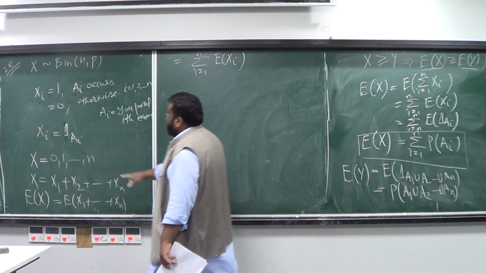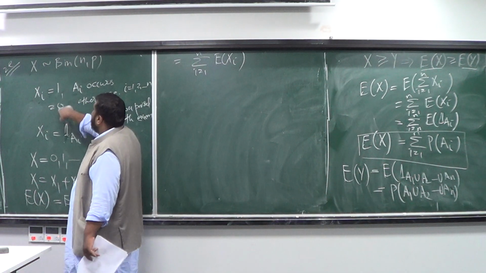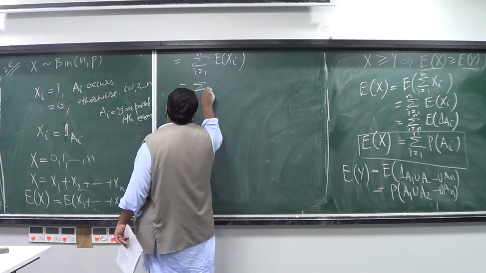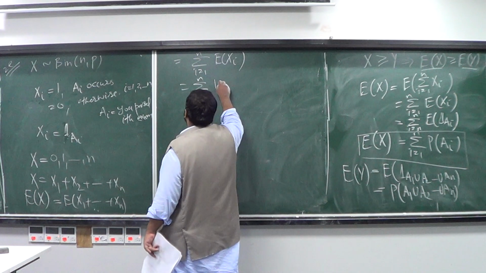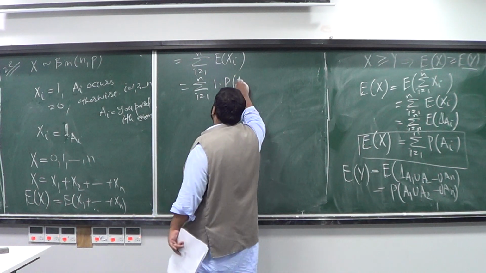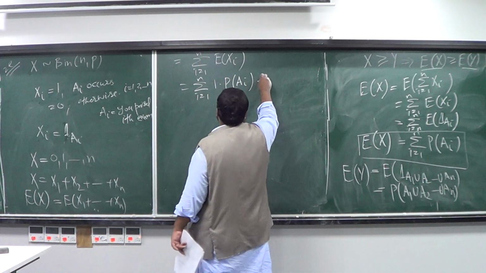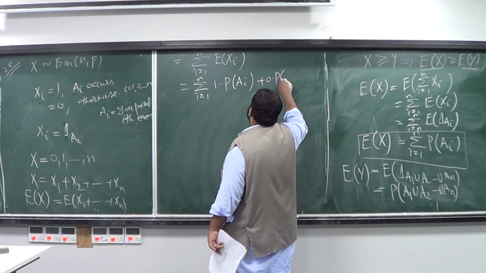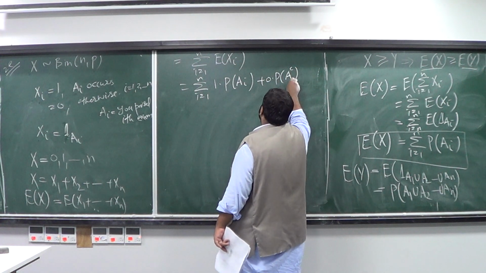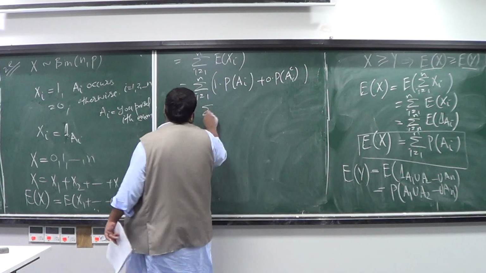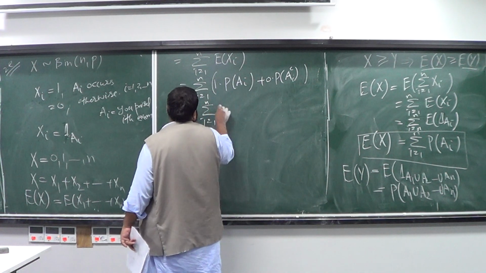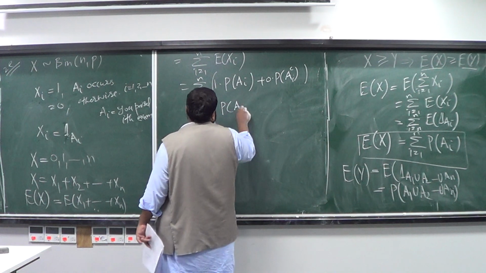This indicator function takes two values, 1 and 0. So this is a sum from i equal to 1 to n of 1 multiplied by the probability of passing the ith exam plus 0 multiplied by the probability that you fail the ith exam. If you simplify, it's the sum from i equal to 1 to n of the probability of Ai.